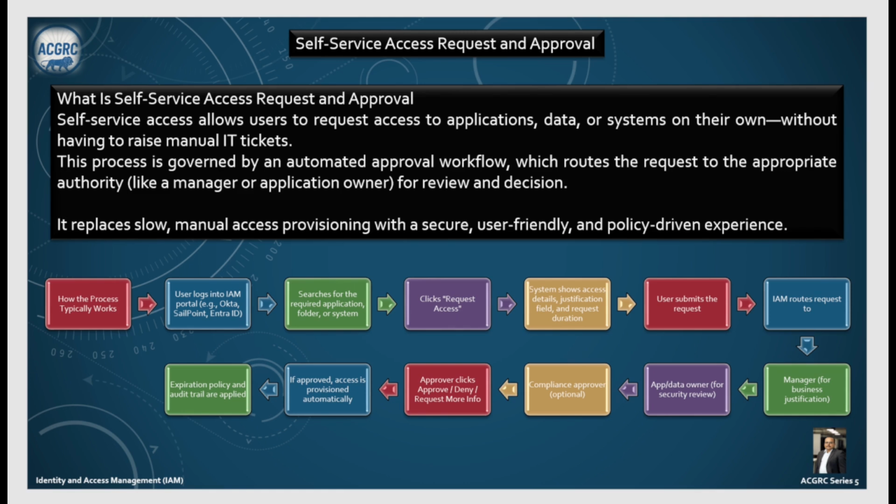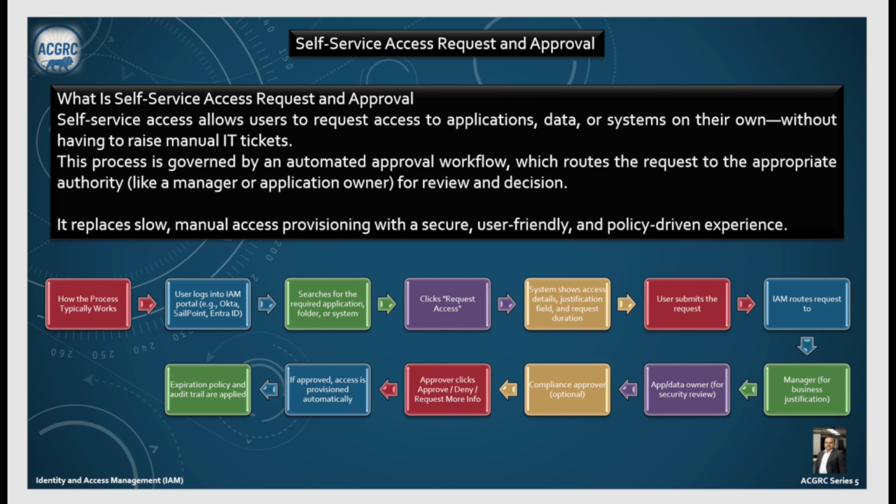This process is governed by an automated approval workflow which routes the request to the appropriate authority, which could be a manager or application owner, for review and decisions. It replaces slow manual access provisioning with a secure, user friendly, and policy driven experience.